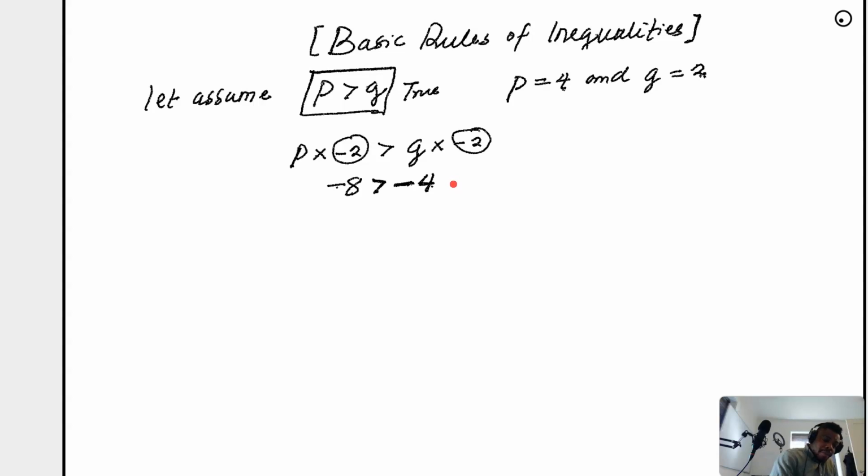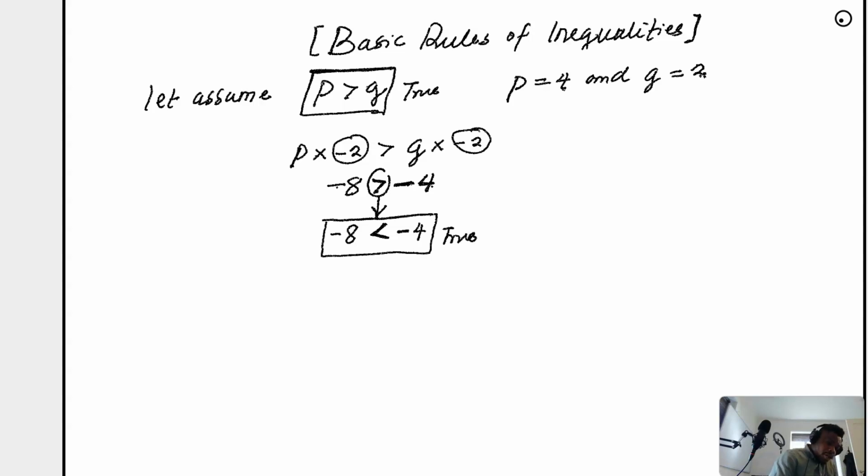But for us to make this statement true, we can change this sign to less than. So that would be minus 8 is less than minus 4, which is true. So in this case, this is true.